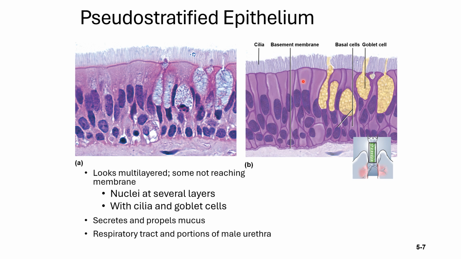So we had a similar appearance in the simple columnar epithelium. So simple columnar and pseudostratified columnar epithelium have goblet cells which produce mucus, which is a protective coating over the mucous membrane.